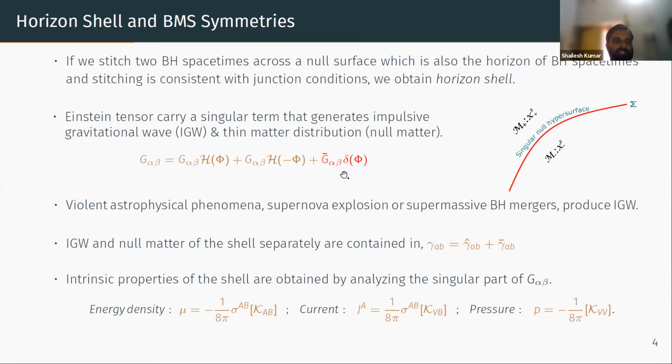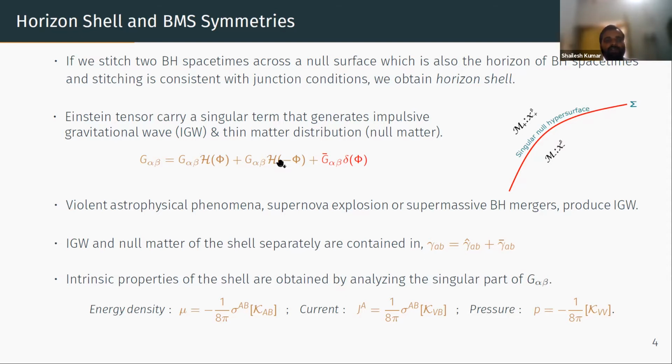This implies that the null hypersurface carries an impulsive gravitational wave and null matter. These can separately be written as the impulsive gravitational wave degree of freedom gamma cap and the null matter part gamma bar, and jointly as gamma AB. Later on, we will see that this contains the BMS parameters.